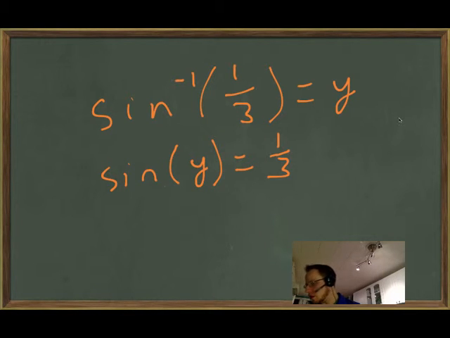Okay, and the book gives examples for inverse sine, inverse cosine, and inverse tangent as well.